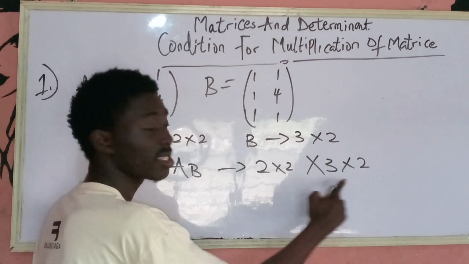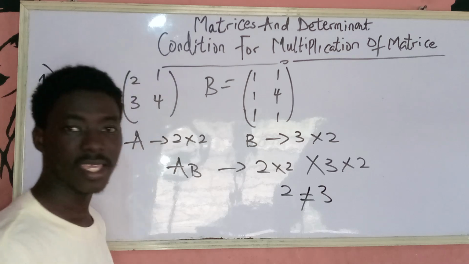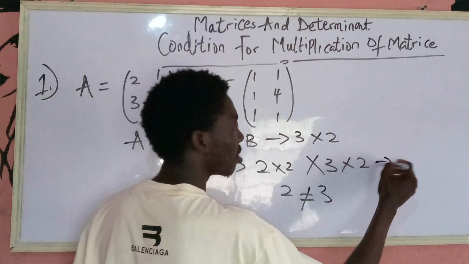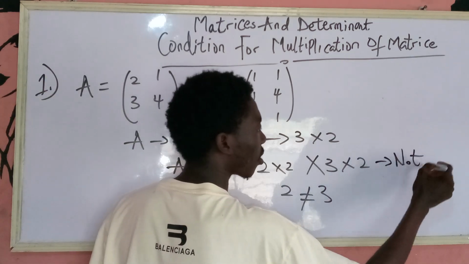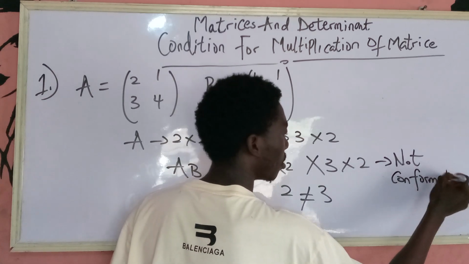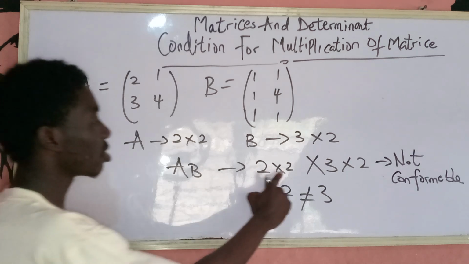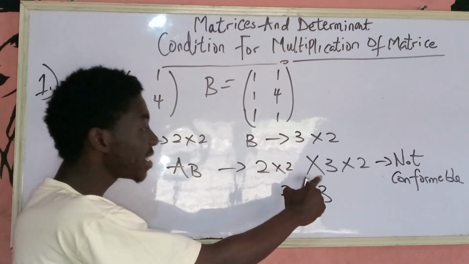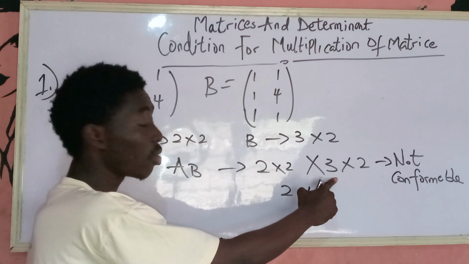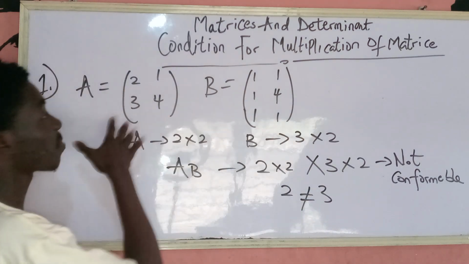No. You can see these 2 and 3 are not equal. 2 is not equal to 3. Therefore, it's not conformable. So you can't multiply these two matrices because the number of columns in the first matrix is not equal to the number of rows in the second matrix. So that is out.